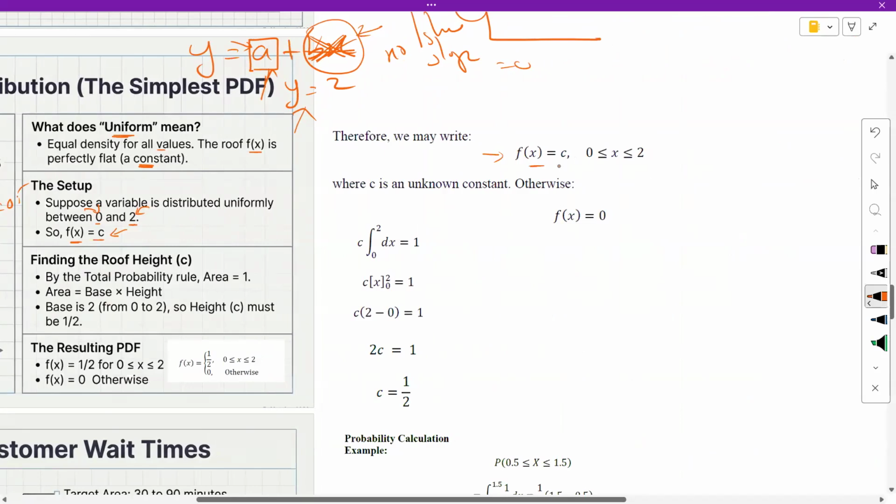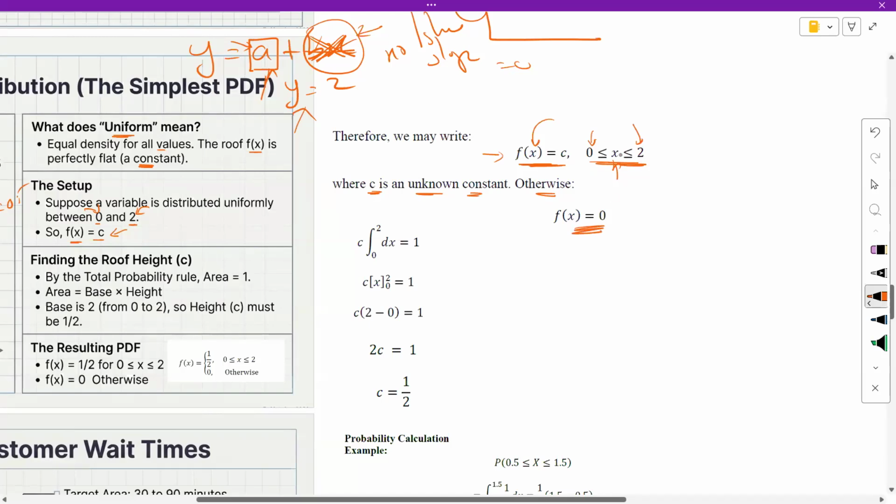The function f(x) equals c, where x ranges from 0 to 2, and c is an unknown constant. Otherwise, it equals 0.